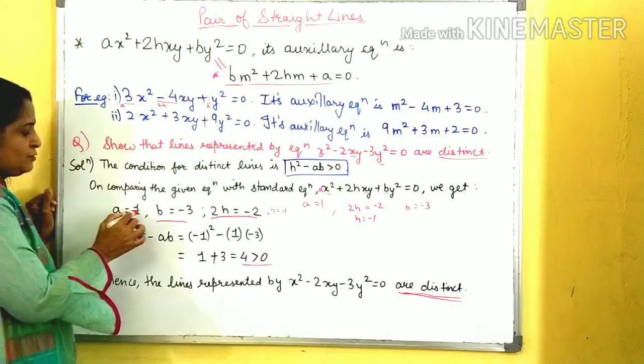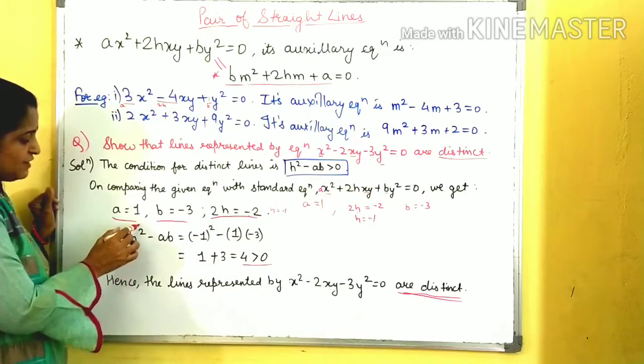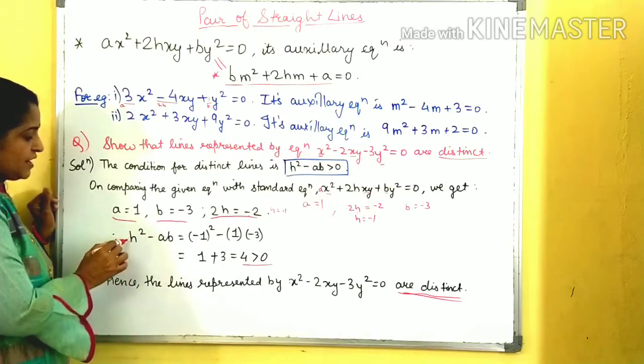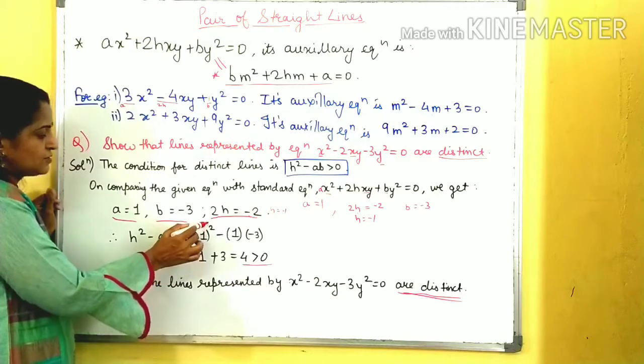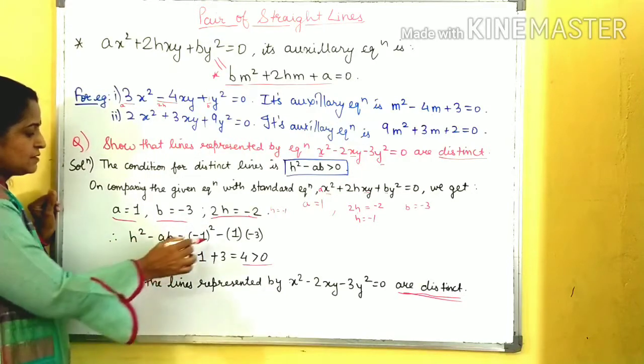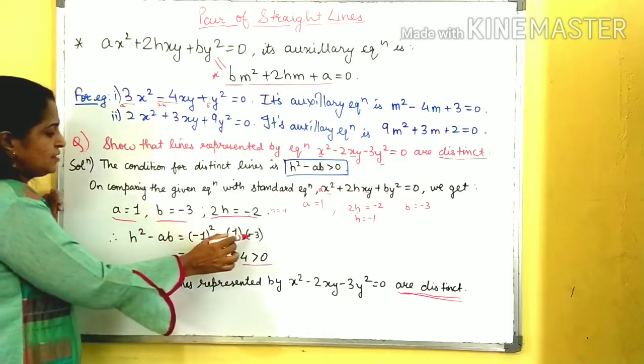Now put that value a, b and h in the condition h square minus ab. h square, h value is minus 1. So minus 1 square minus a value is 1 and b value is minus 3.